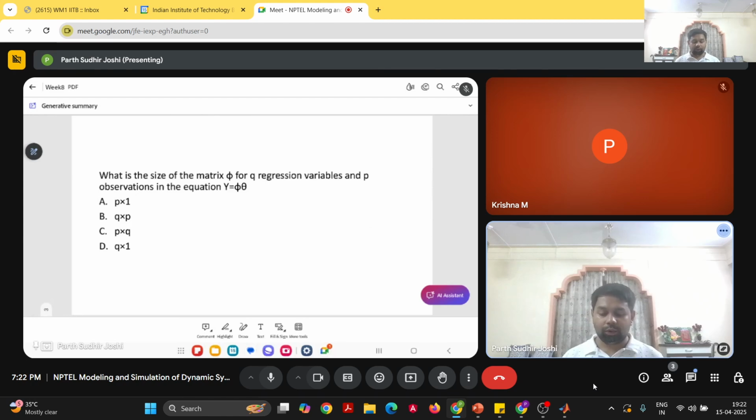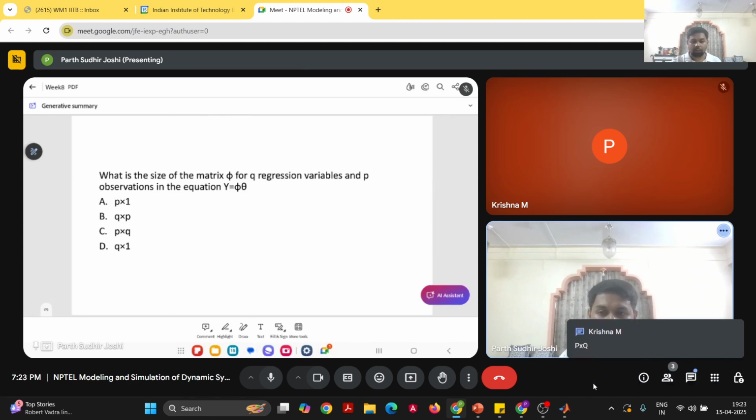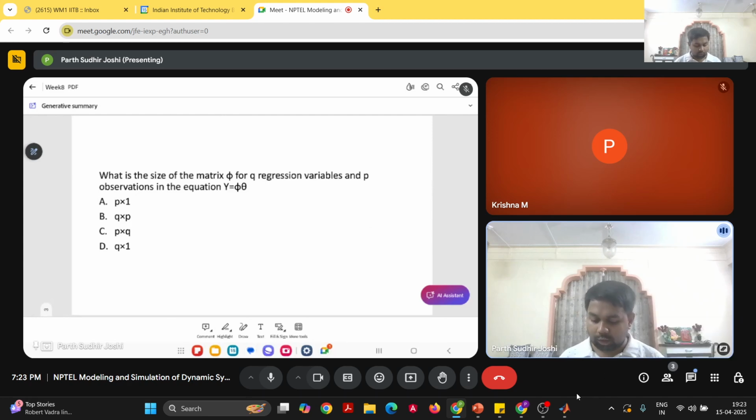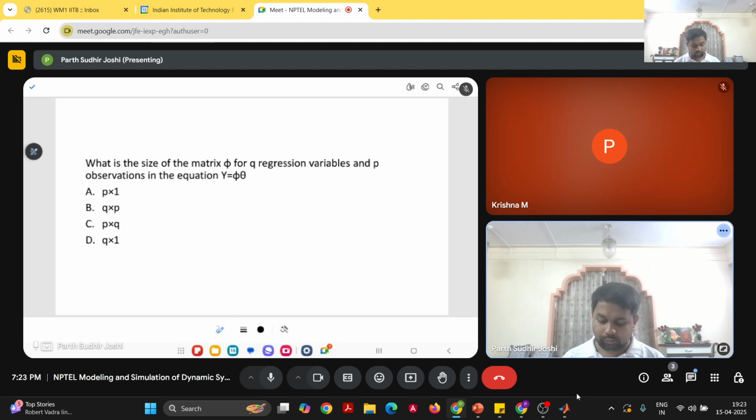If we have q regression variables and p observations, what will be the size of the matrix phi? Okay, p cross q. Fine, so let's see whether that is the answer.